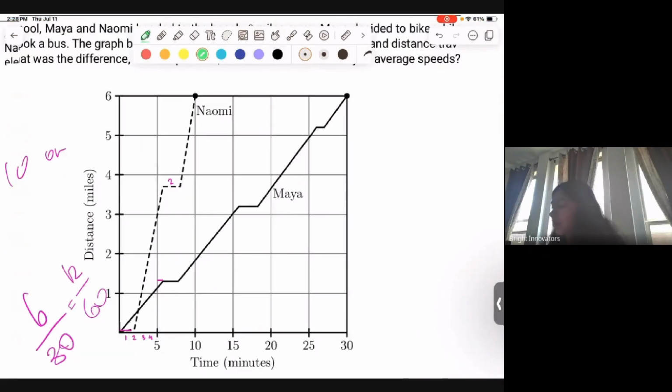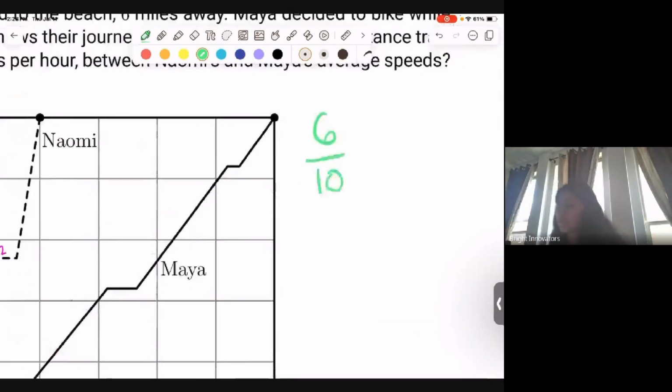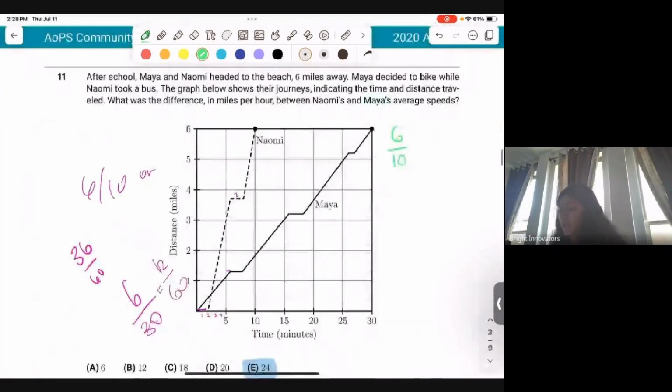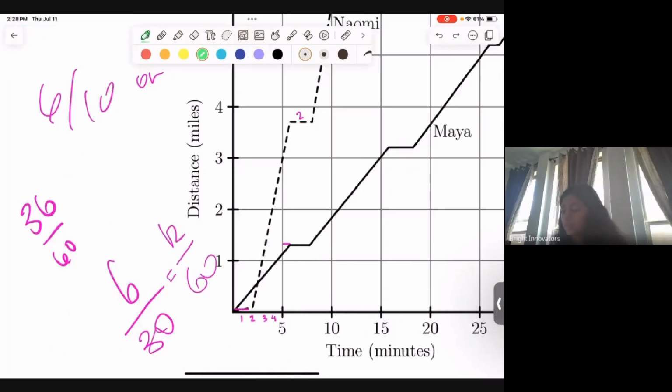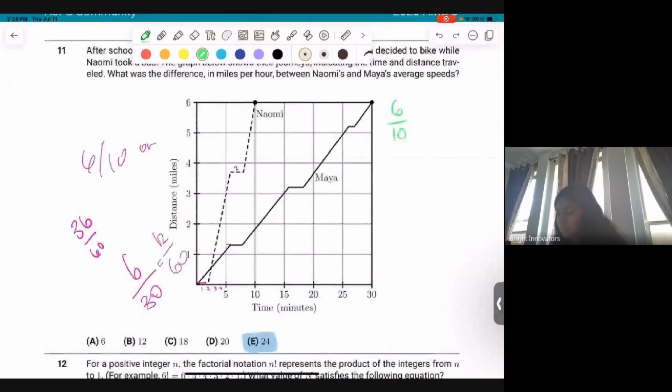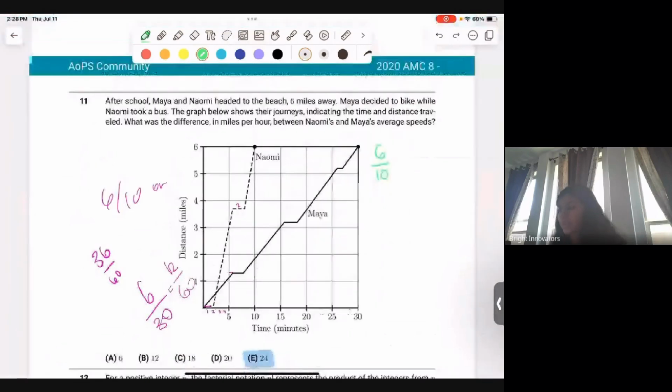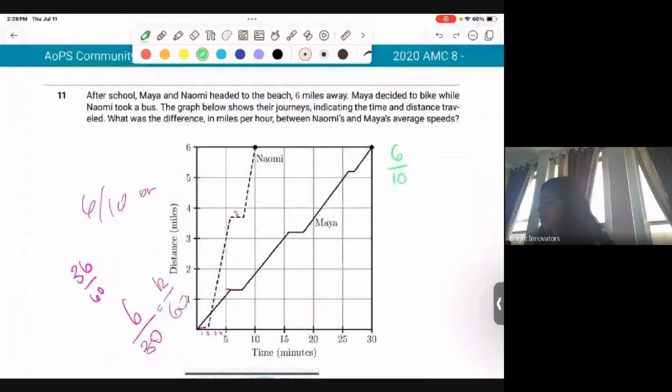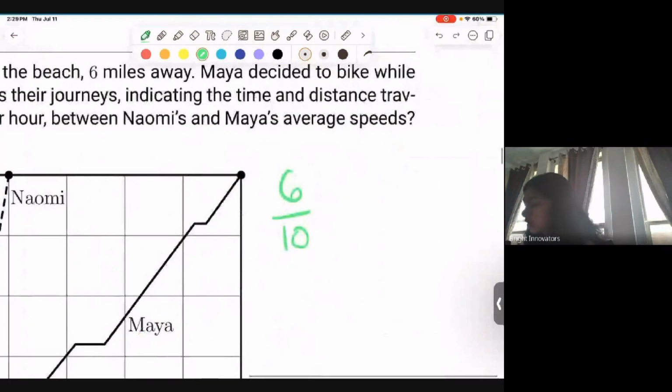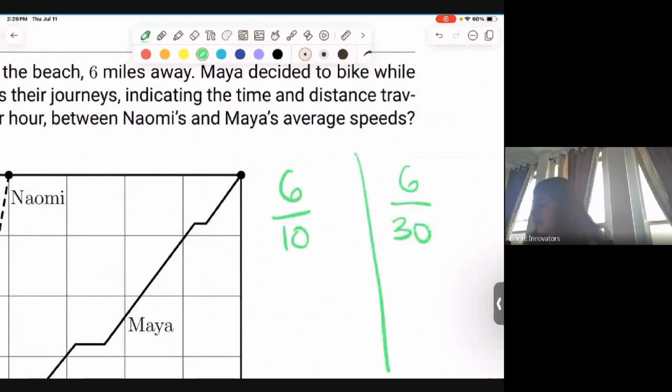Okay, so one of them had an average speed of 6/10 because speed is distance over time. So you also have to subtract the small parts where they're not moving, I think. Or no. Okay. I kind of forgot how I did this one. But one of them had 6/10, the other had 6/30.